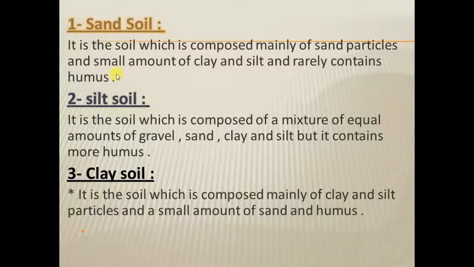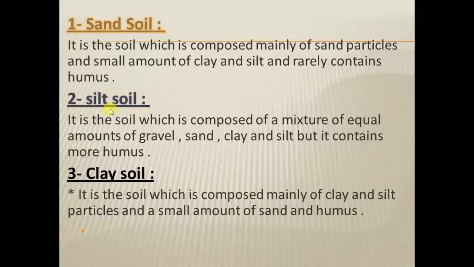It is mainly composed of sand particles, and also contains, as we said, a small amount of clay and silt. And the most important point, the sand soil contains a rare amount of humus. That is the first one, sand soil.